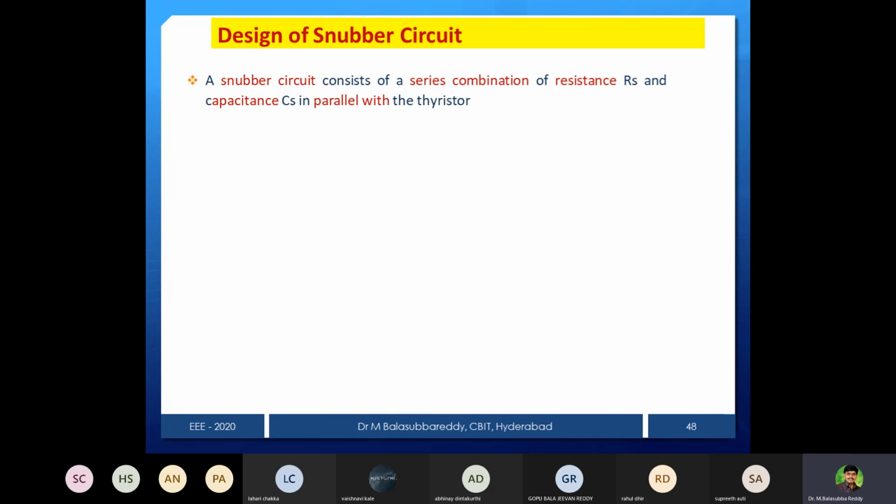As I mentioned in the previous class also, normally there is a thyristor like this, and what we do is a resistance and capacitance are connected in parallel with the thyristor. These two are in series.